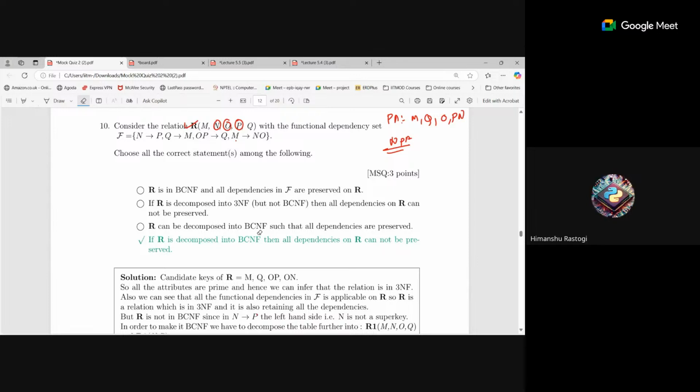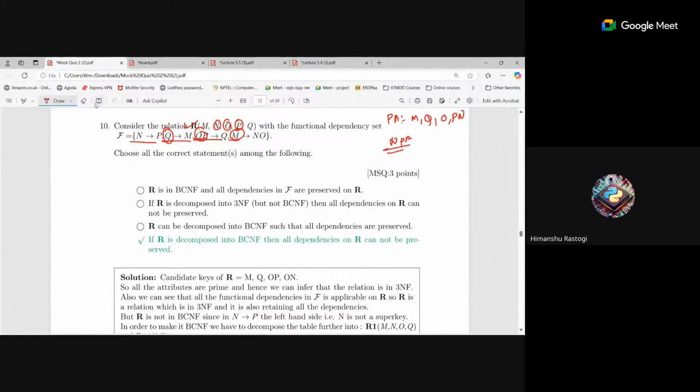Yes, since all are prime attribute, then partial dependency will not exist because there is no functional dependency from N to P. Prime to prime, not prime to prime. This is a key, right? This is also a key. This is also a key, right? So left hand side is key itself here.